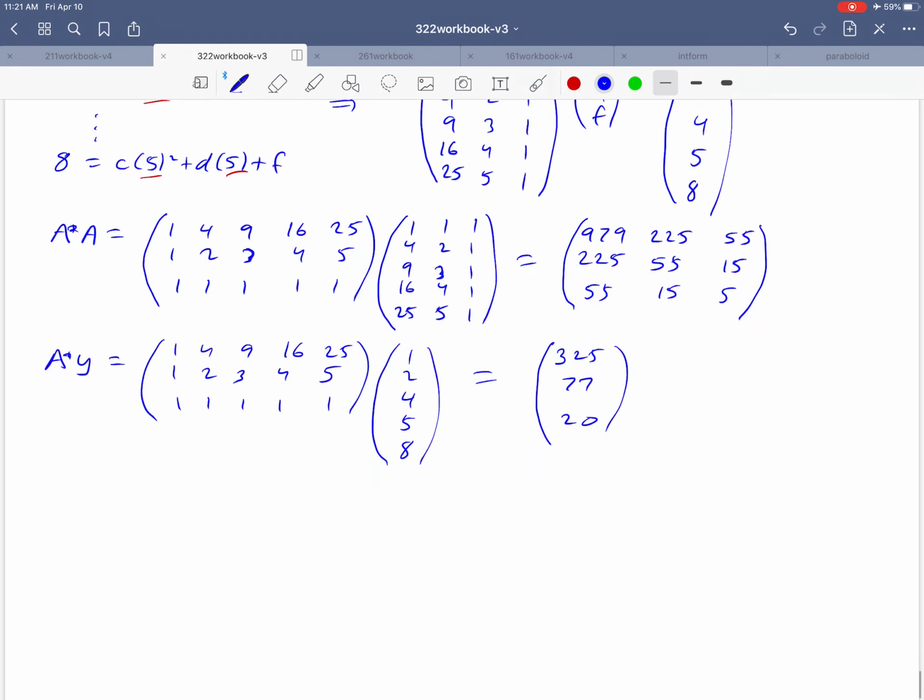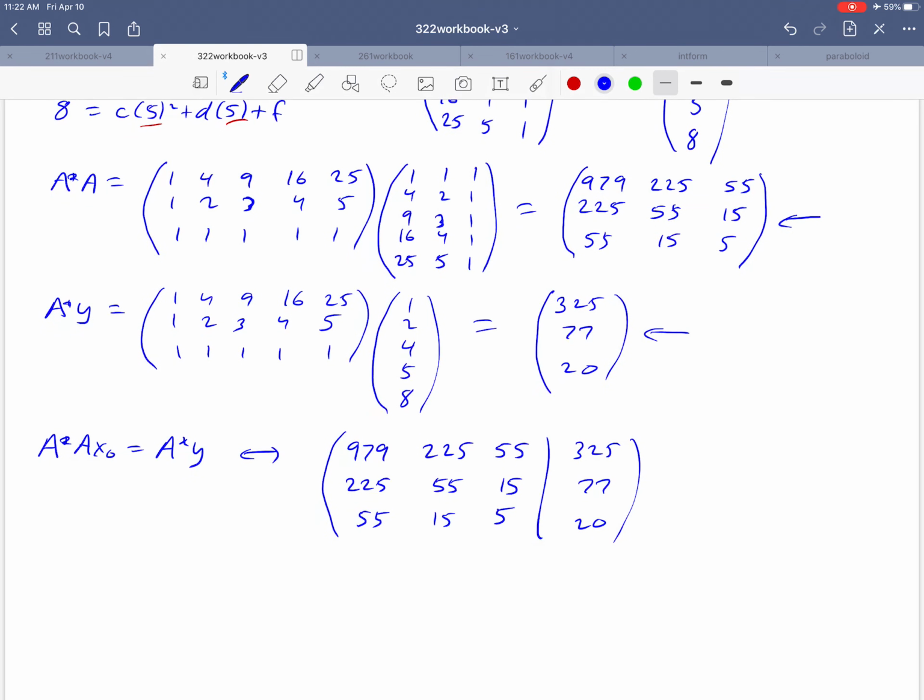So we've got a system of 3 equations and 3 unknowns that we need to solve that starts out looking like this. If we write that down in matrix vector form, it's going to look like the coefficient matrix equal to this guy up here, and then we'll augment it with the right-hand side that looks like 325, 77, and 20.